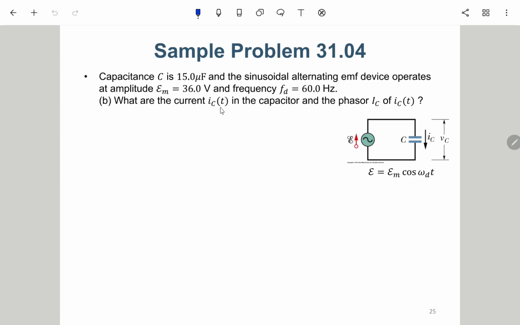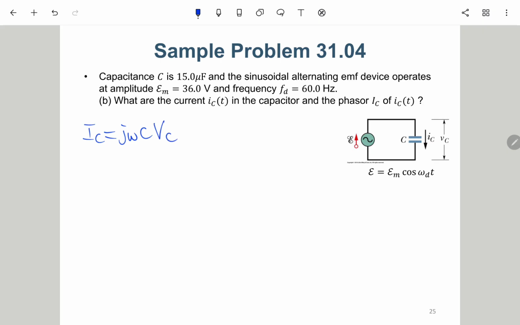it asks what is the current IC going through the capacitor and what is the phasor. Here we can first calculate IC. IC will be j omega c VC.